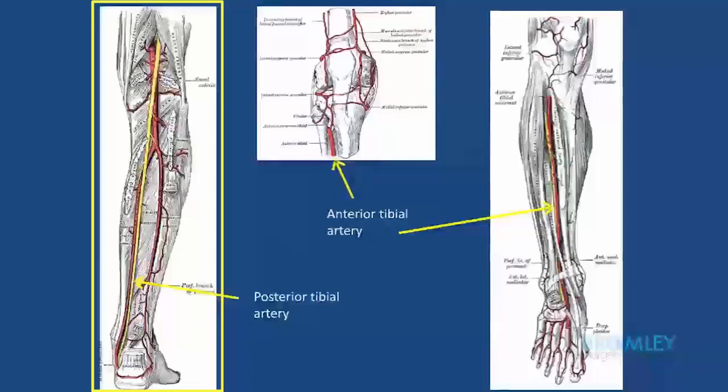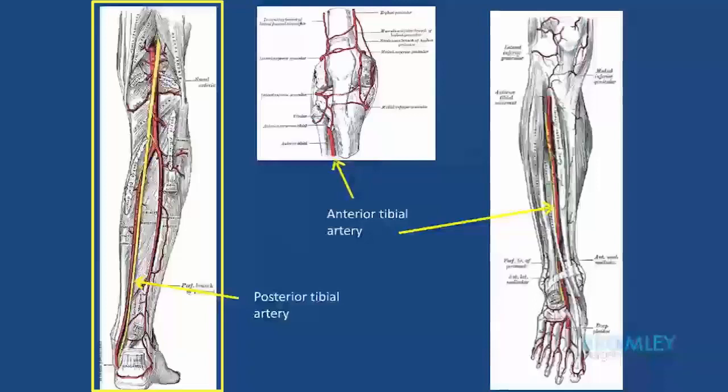And I want to focus on a branch that comes off laterally, which you can just see here, just before the final division of the popliteal artery. And this is the branch which perforates between the tibia and the fibula before becoming the anterior tibial artery, and we'll come to that in the second panel.